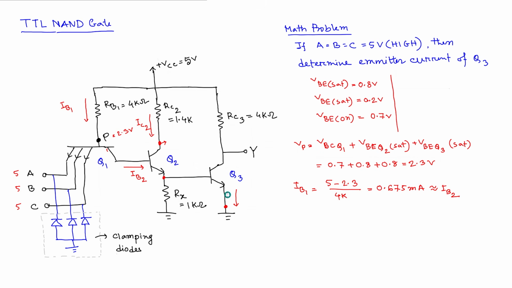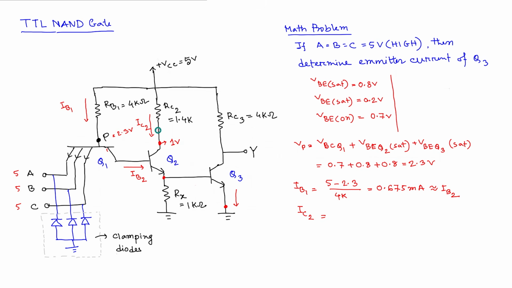So 0.8 here and 0.2 here. So I can just write that out. 0.2 from here to here, and then from here to here we have 0.8. I'm just removing that because it will make everything complicated. So we should just know that the voltage we are going to get at this node is 1 volt. So that means the current IC2 should be what?